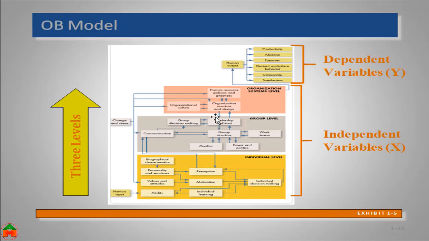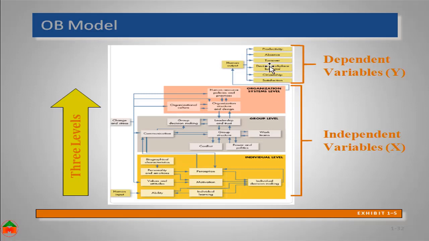So this is a summary of the dependent and independent variables. In the independent variable, you can consider the characteristics of the individual people, group of people, and the organizational system. And the dependent variable can be productivity, absenteeism, turnover ratio, deviant workplace behavior, citizenship, and satisfaction.